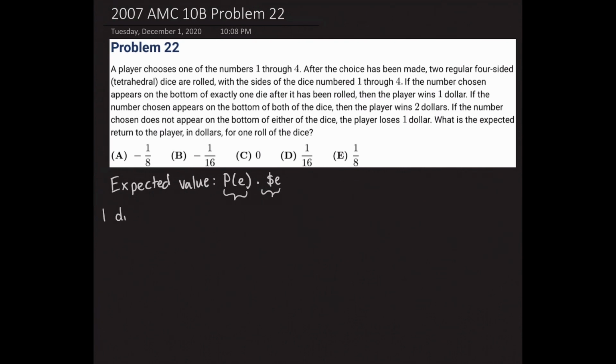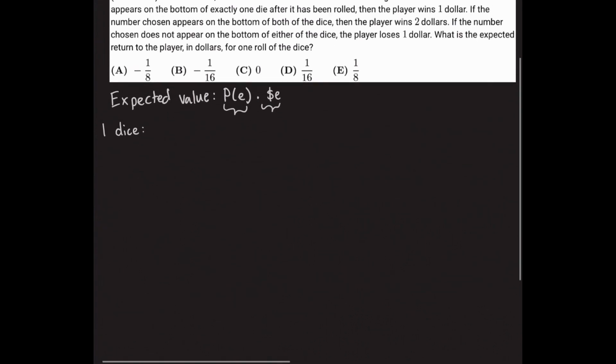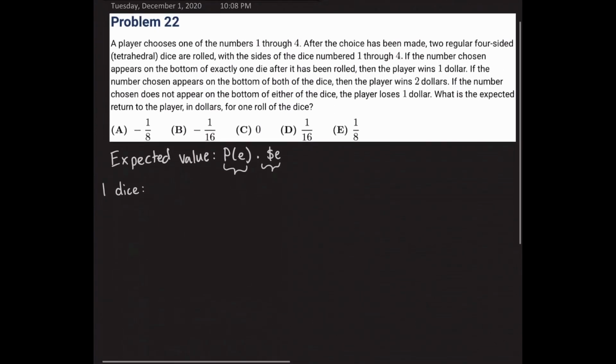We can have one dice be correct. Actually, let's just first do this case: the case in which exactly one die has the number that you chose, but the other one doesn't. So the probability of this occurring is 1 over 4 times 3 over 4, and you're going to gain $1 from it.